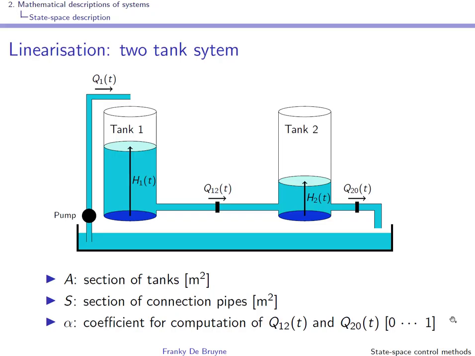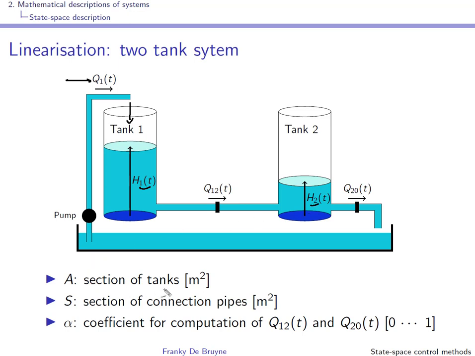We'll do another example, which is the two-tank system. This will yield a non-linear state space description and we will linearize it around a working point. The input is Q1, the flow to tank 1. There are two states, the height of each tank, H1 and H2.